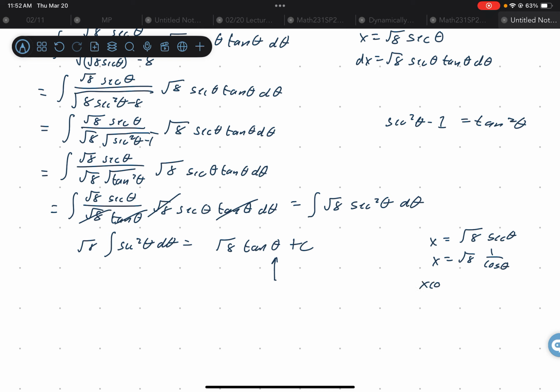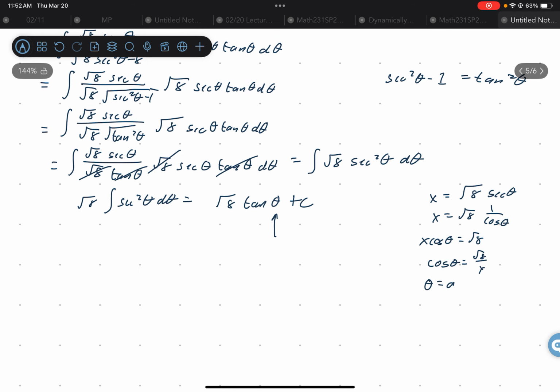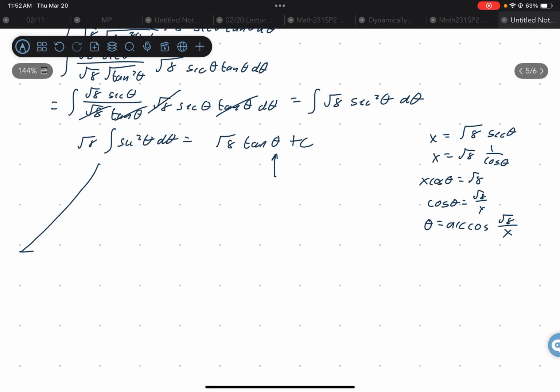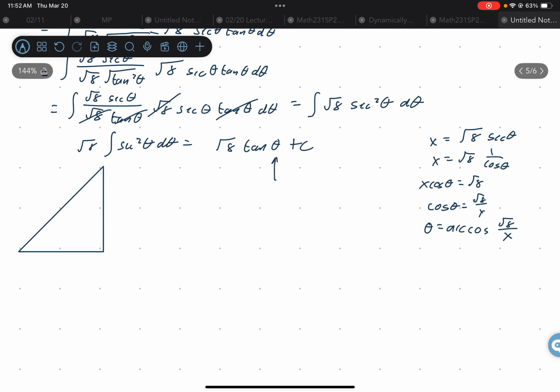So x cosine theta equals square root 8, and so cosine theta equals square root 8 over x. So theta equals arccosine of square root 8 over x.